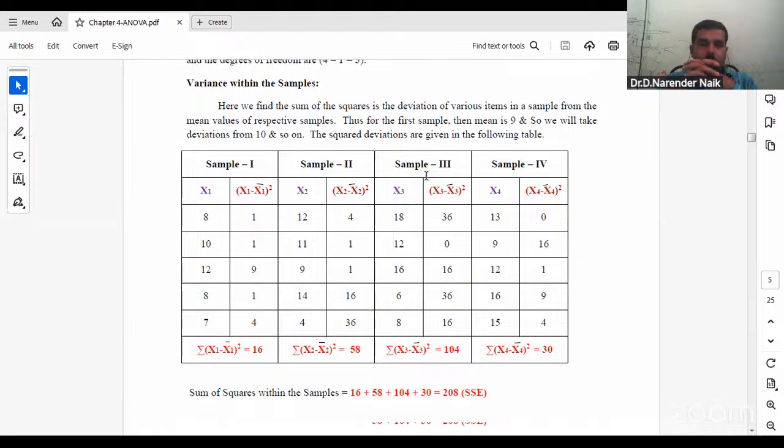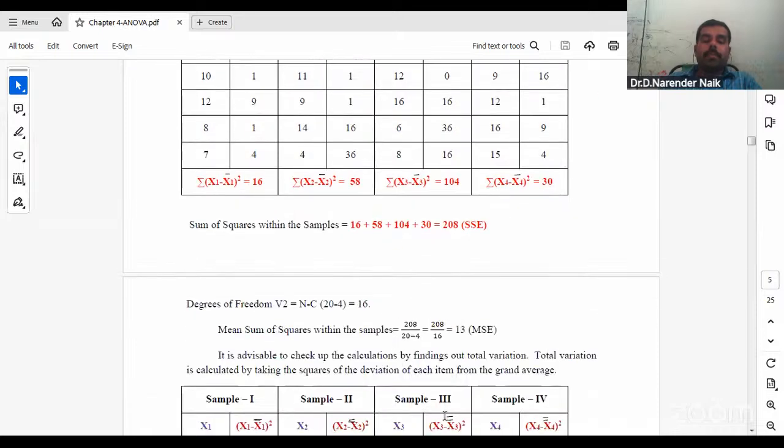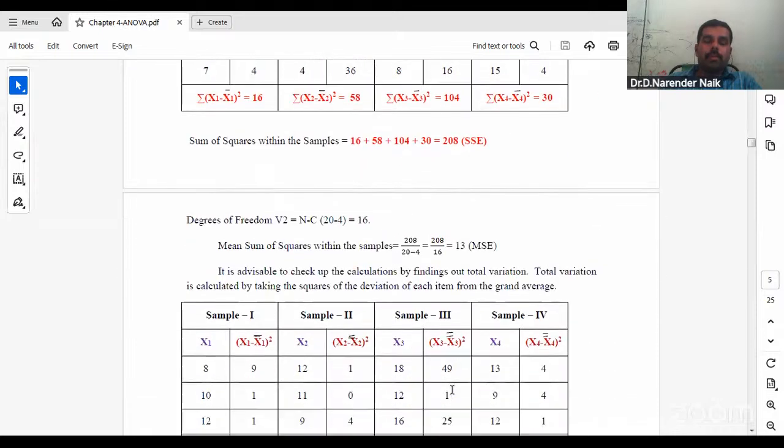So this is the variance within the samples we got. That is 16, 58, 104, with 30. That is 208. That is the SSE value.